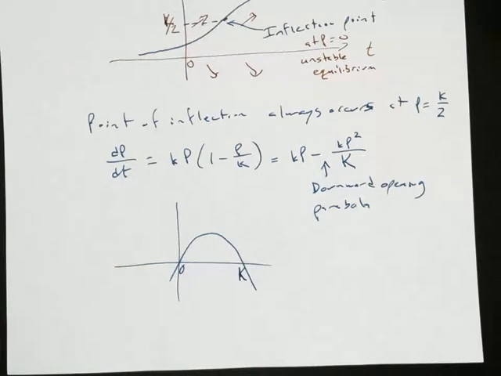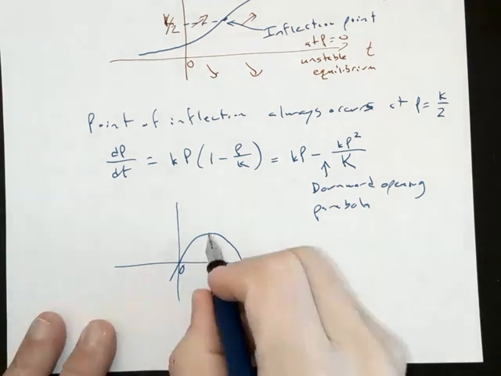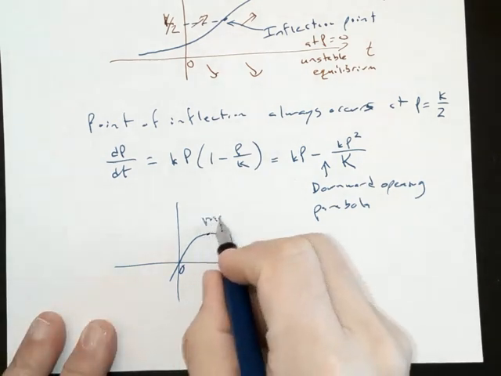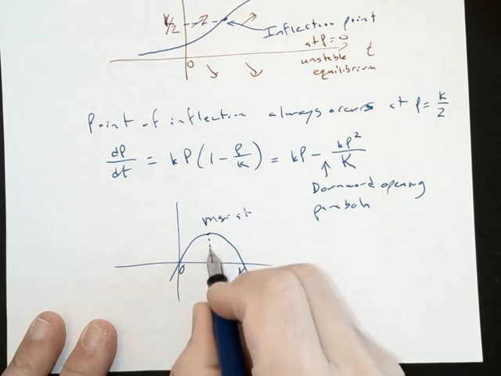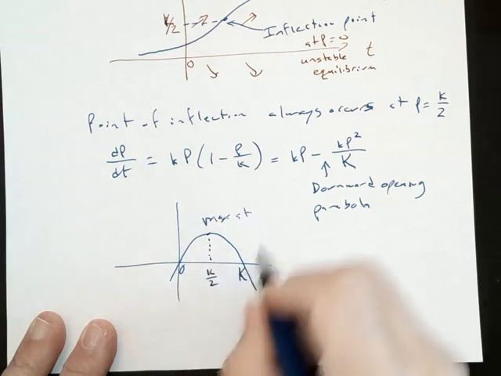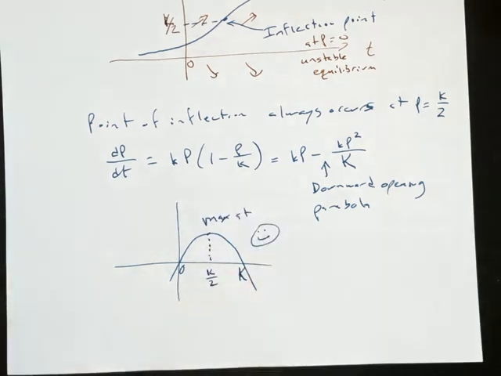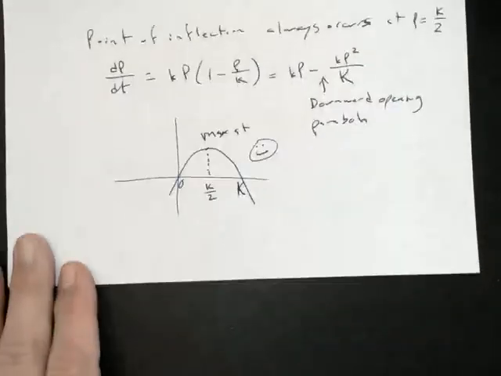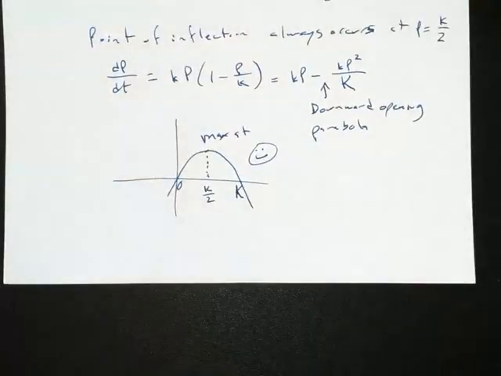Exactly halfway between, and that's got to be the vertex. Maximum at K over 2. Now, if you really, really want to see it, on page 613, they did the calculation the long way. I think I'd rather hit myself in the head with the textbook. It'll hurt less.